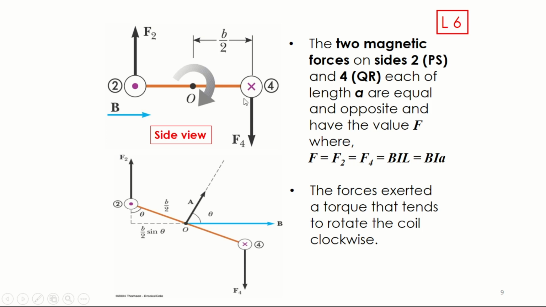So the system can rotate clockwise. The forces exert a torque that tends to rotate the coil clockwise. Here is F2 and here is F4, so the system rotates clockwise.